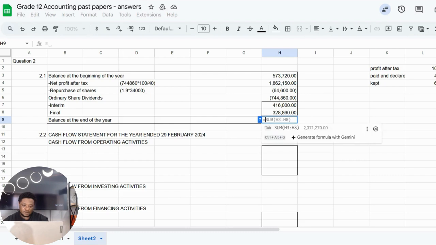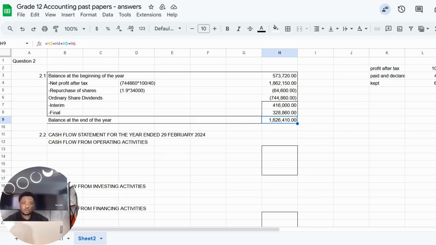Our balance at the end of the year is going to be the balance at the beginning plus the net profit after tax minus the repurchase of shares, and then also minus the ordinary share dividends. And so that will give us the retained income amounting to 1,626,410.